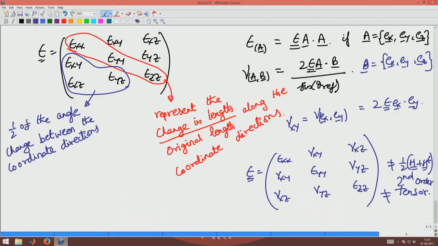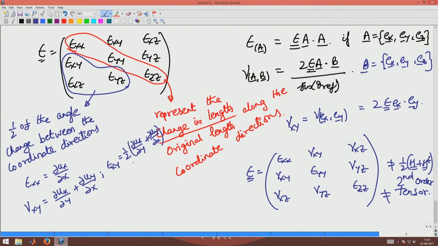In particular, you will find that in this approach epsilon xx would be given as dou u x by dou x, just like what we got when you do half of H plus H transpose, but gamma xy would be dou u x by dou y plus dou u y by dou x, whereas epsilon xy would be 1 half of dou u x by dou y plus dou u y by dou x.